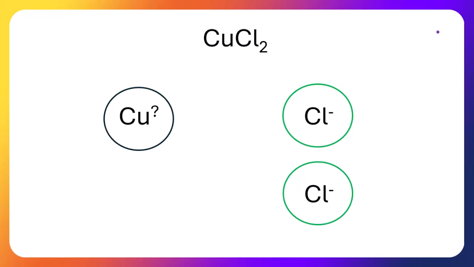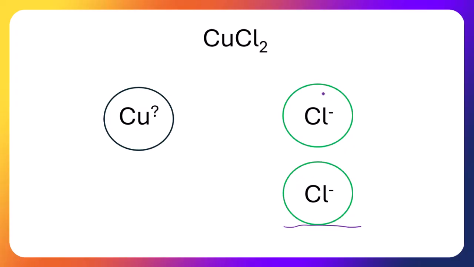And then here we have chloride, so we know the charge of that, and we're going to use what we know to help us determine the original charge of this copper cation. We have two of those chloride anions, so 2 to 1. We know that chloride is always -1.